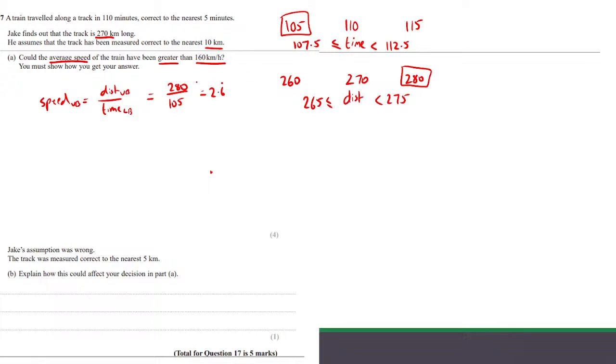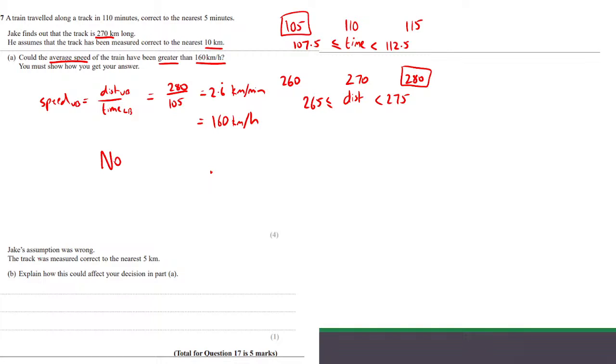The units for that are kilometers per minute. Now I need to know what is that in kilometers per hour. So all I need to do is multiply that through by 60, and that gives me 160 kilometers per hour. So could the average speed of the train have been greater than 160? No, 160 is the maximum. So my answer to that question is no.